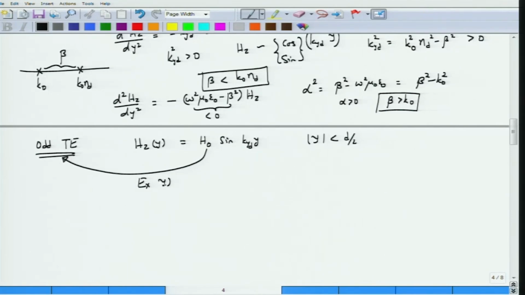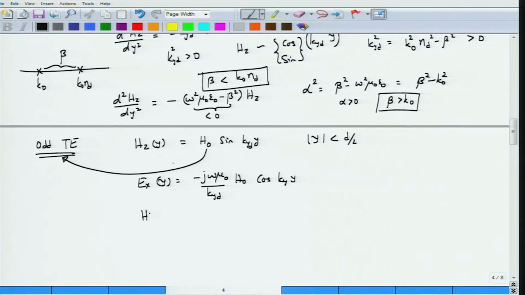So Ex of y will be equal to minus j omega mu 0 divided by kyd times H0 cos kyd y, after applying the boundary conditions and then appropriately differentiating this Hz, because Ex will be proportional to del Hz by del x multiplied by some constants over here.